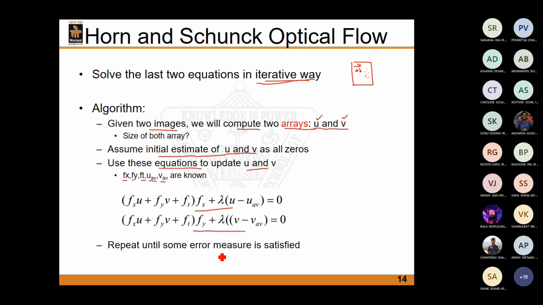Now once we have the values for u and v, we repeat the process once again. With the new estimated values of u and v, I repeat this process in order to update the values of u and v. Once you iteratively find the estimate for u and v, there would be a point where the values for u and v do not change much.